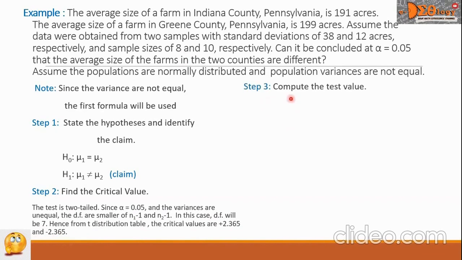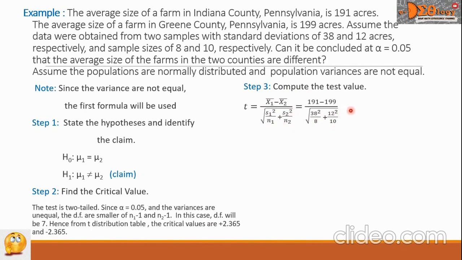For step 3, compute the test value. So the first formula is here, and let us do the substitution. x bar sub 1 is 191 minus x bar sub 2 is 199, all over this big square root, and the s sub 1 square is 38 square over n sub 1 is 8 plus s sub 2 square now becomes 12 square over n sub 2 is 10.